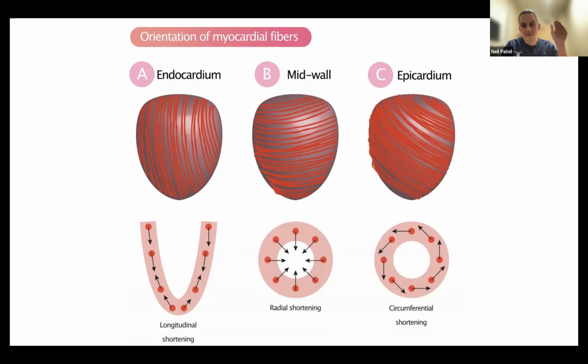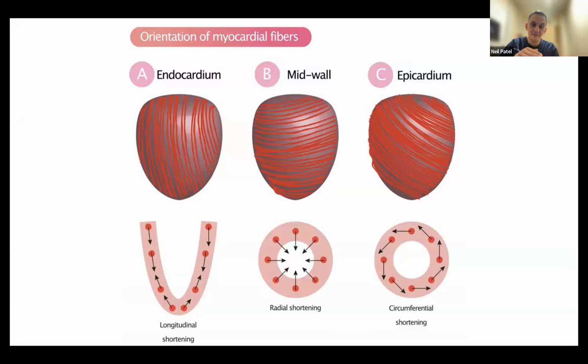So endocardial fibers, especially in the left ventricle, and very much in the right ventricle as well, tend to be more longitudinally positioned in terms of their displacement. So when they shorten and lengthen, they're doing it in the longitudinal plane, as you see represented in the bottom left panel. So when they contract, the ventricle is going to get shorter. When they relax, it's going to get longer.